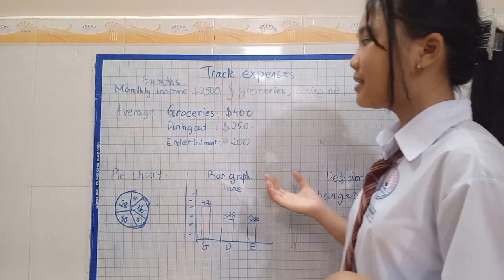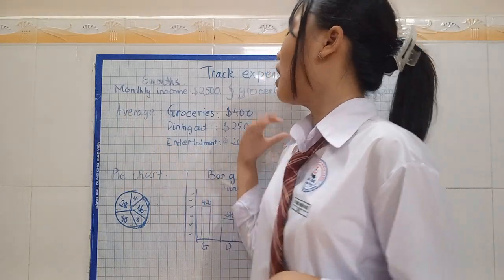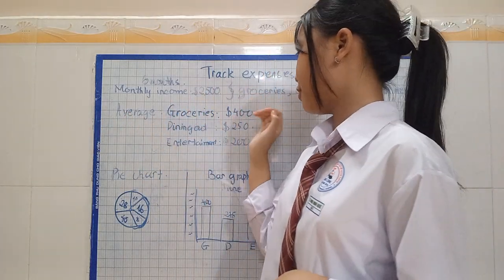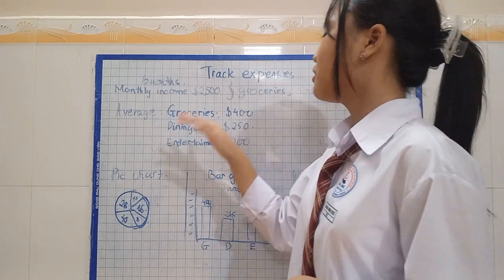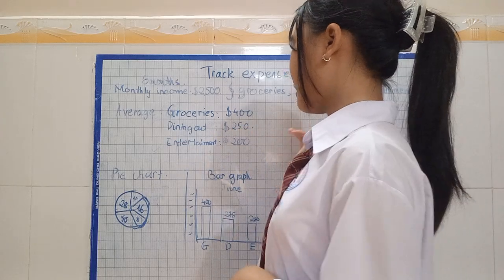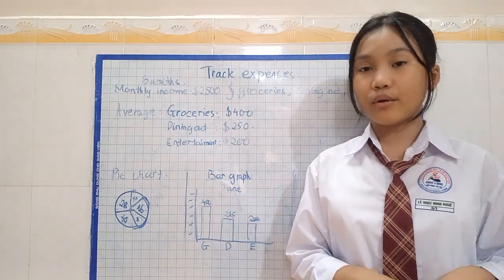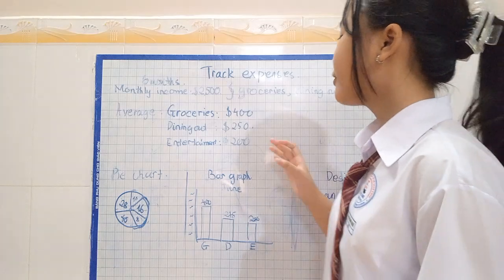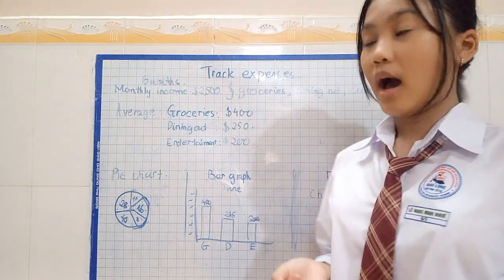On average, we spend $400 on groceries, $250 on dining out, and $200 on entertainment. Your goal here is to first track how much you spend a month.